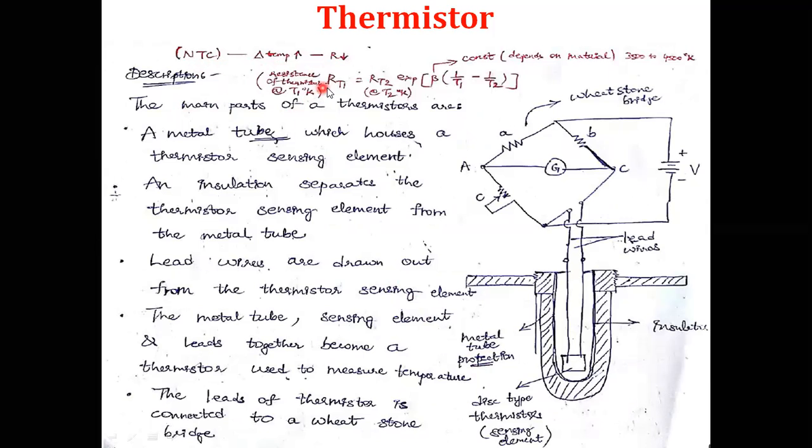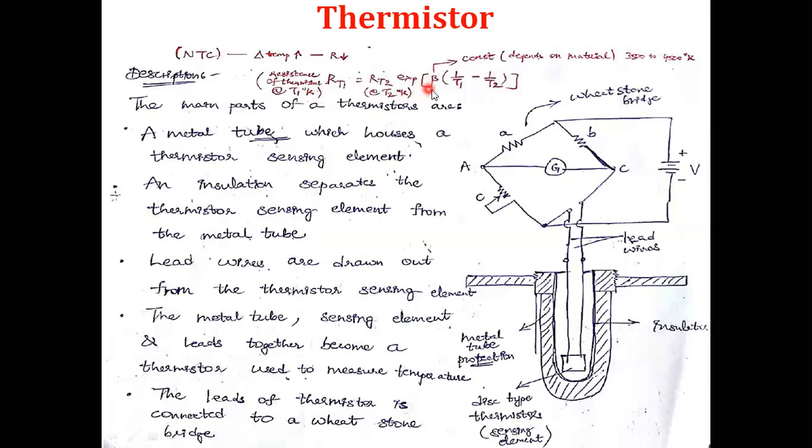This is the basic equation for the thermistor. Please memorize this one. The resistance of the thermistor at T1 degrees is given by RT1 equal to RT2, where T2 is in degrees Kelvin, times the exponential of beta. Beta is a constant here.